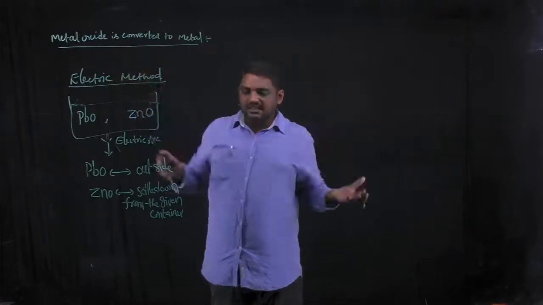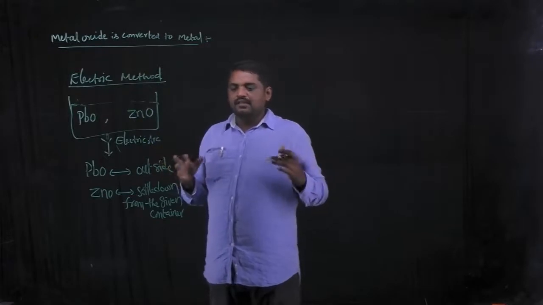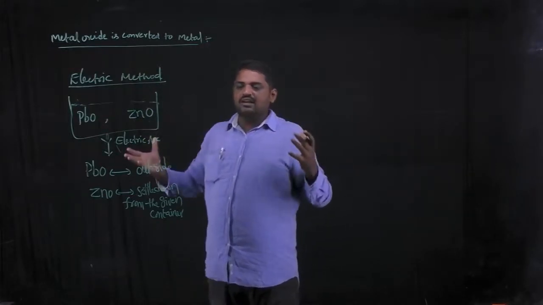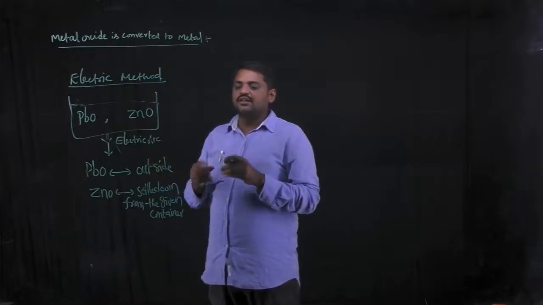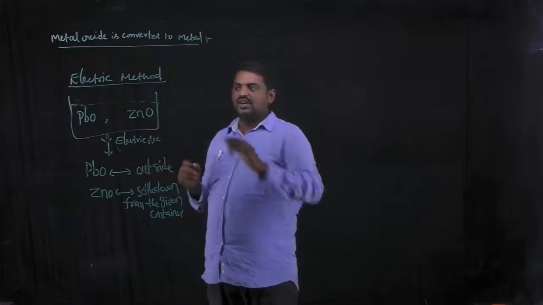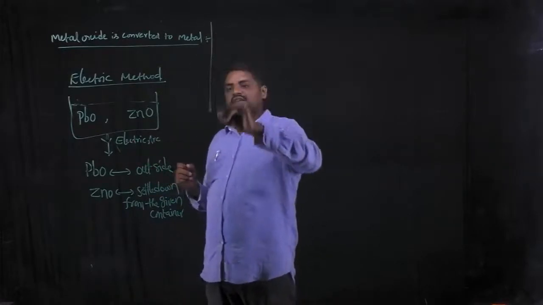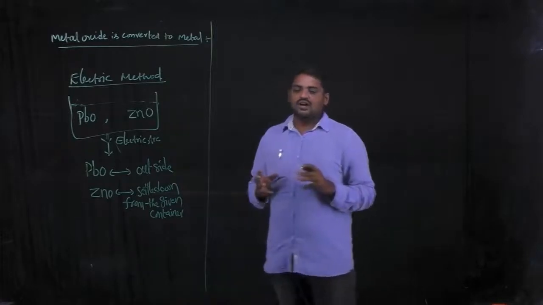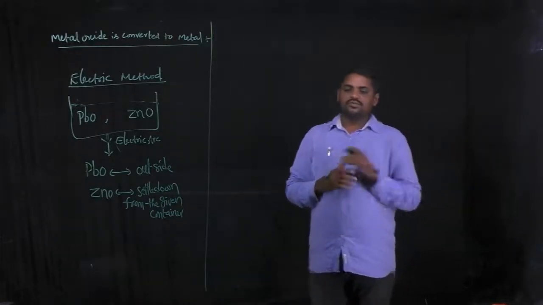So after separation, the two individual metal oxides react with carbon, so these are converted to pure metals. Okay, so these methods are used for converting metal oxides to pure metals.